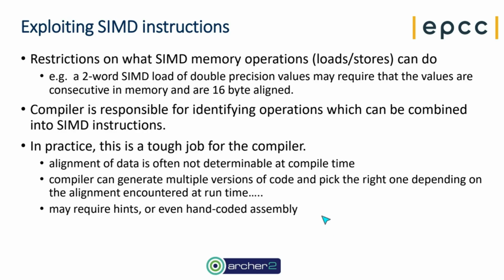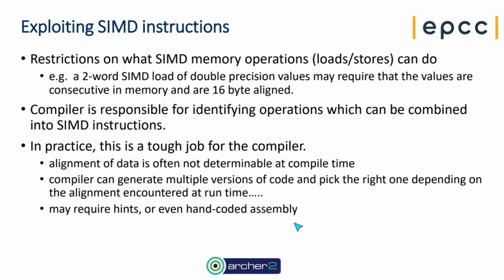To get around that to some extent, the compiler is able to generate multiple versions of code in the assembly code, and then pick the right one depending on the alignment at runtime. So there are some ways around that, but to fully exploit it may require using hints or potentially, in the extreme, hand-coded assembly.